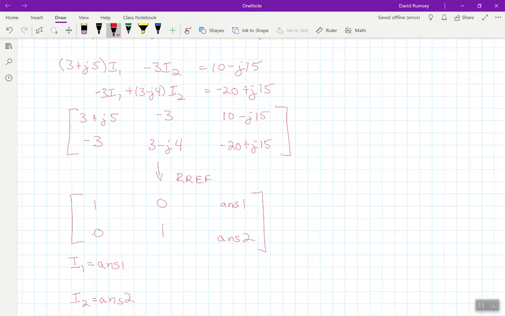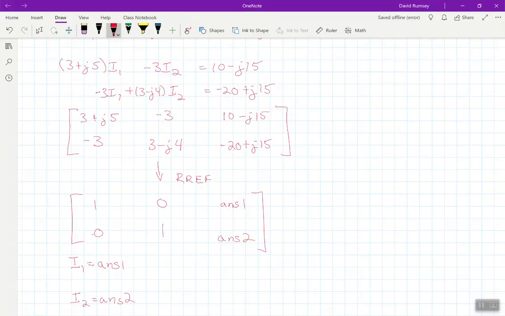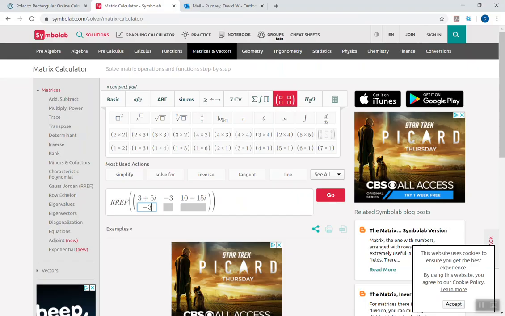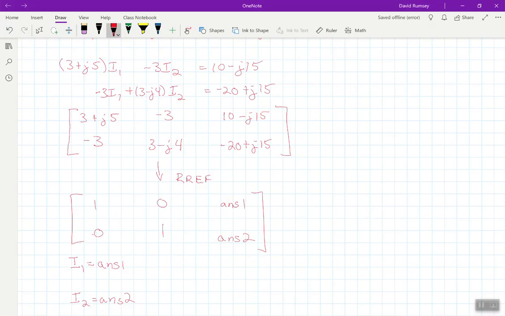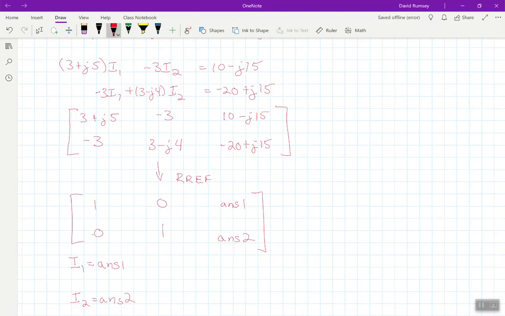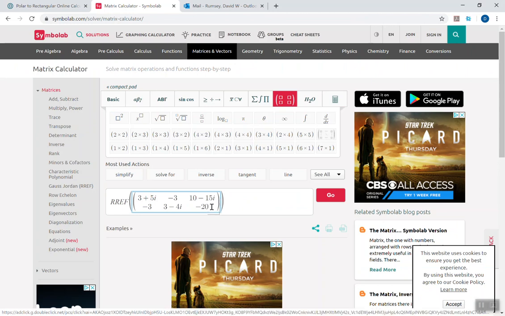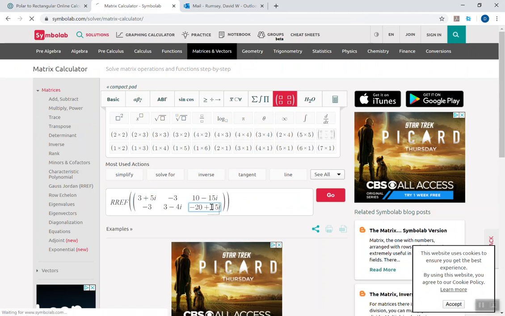The next term was 10 minus J15. The next one was negative 3. Then we have 3 minus 4I, then we have minus 20 plus 15I. Now I've entered it all in.